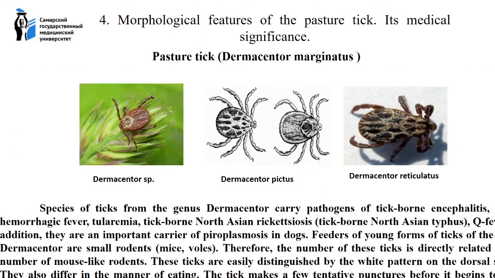Morphological features of the pasture tick, its medical significance.